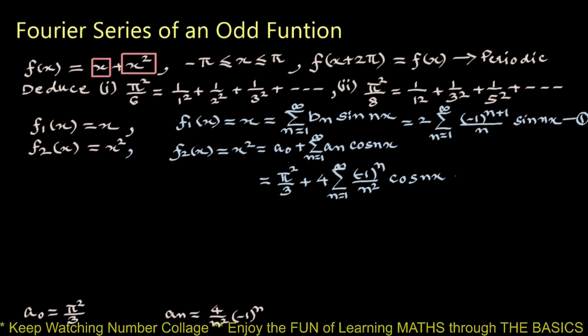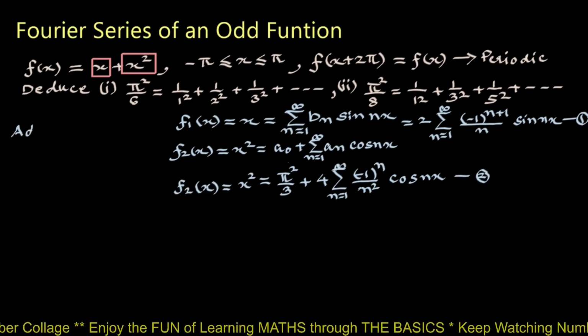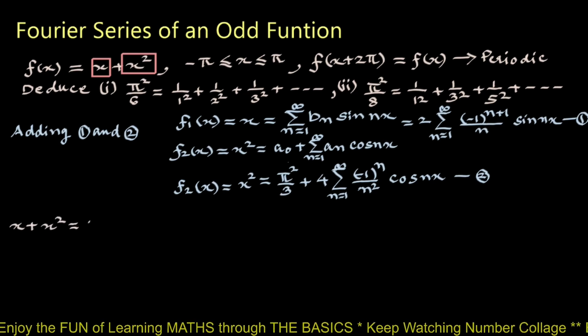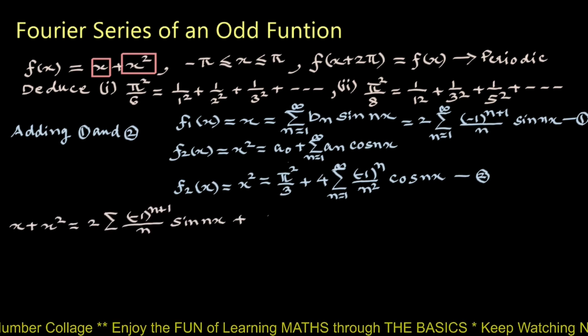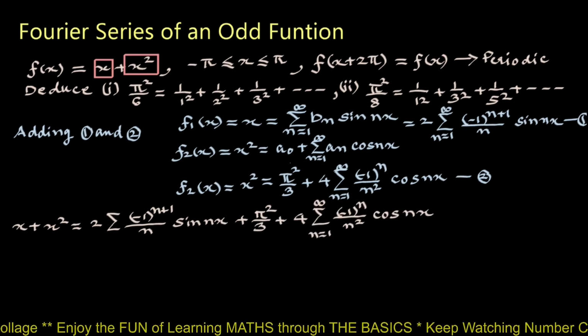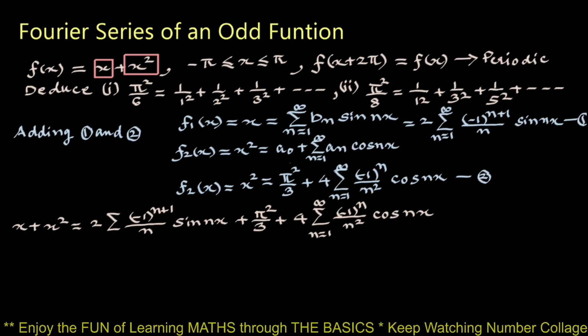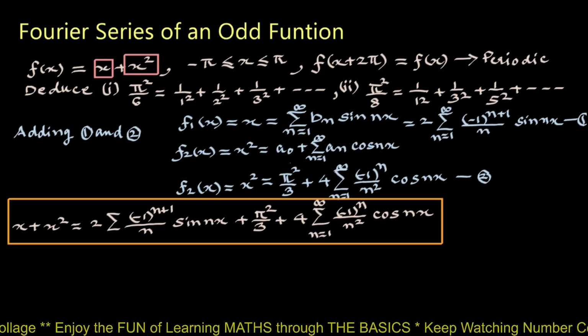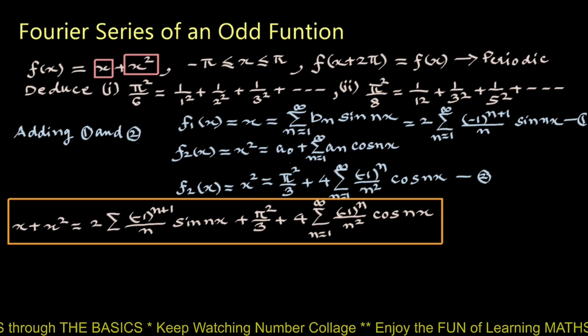We name this 2. By adding 1 and 2, we get x plus x square equals Fourier series of x plus Fourier series of f2x. So this is the Fourier series of function f of x, x plus x square. Now we will move to find the deductions.